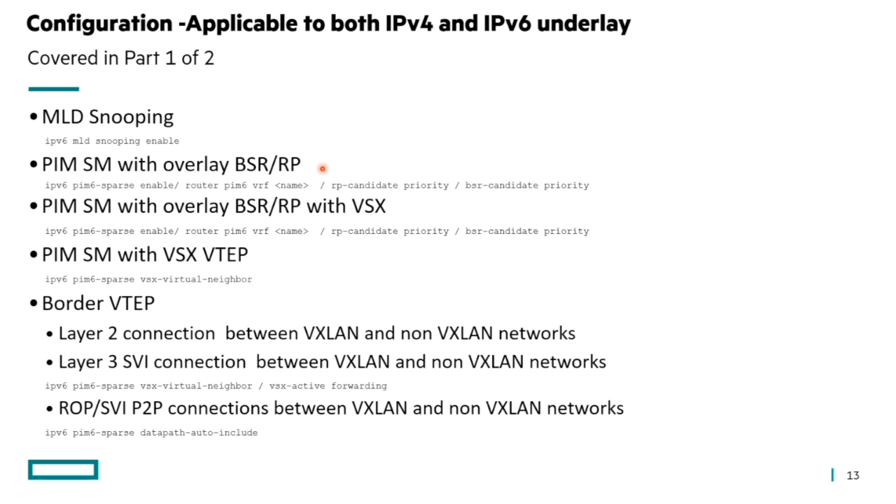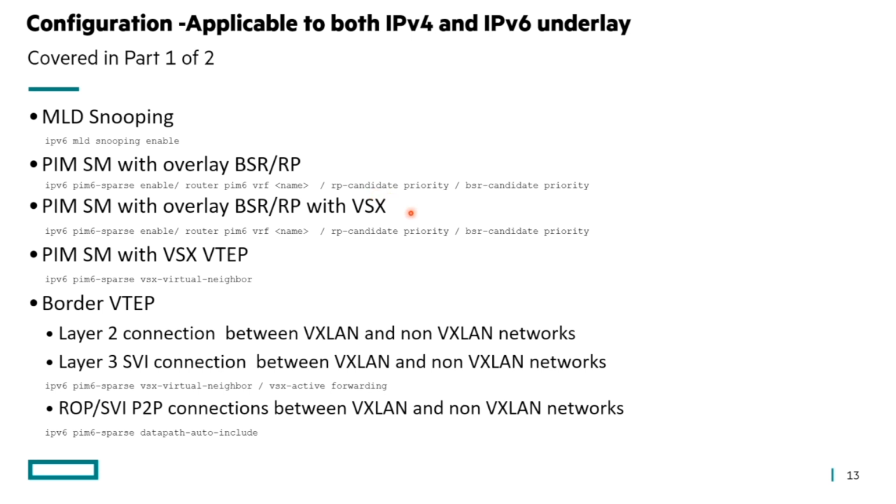When we have PIM sparse mode with the overlay and a bootstrap router and a rendezvous point, we have IPv6 PIM-v6 sparse mode enabled. Then we have some router PIM-v6 contexts where we can define the RP and the BSR and give them a specific priority.